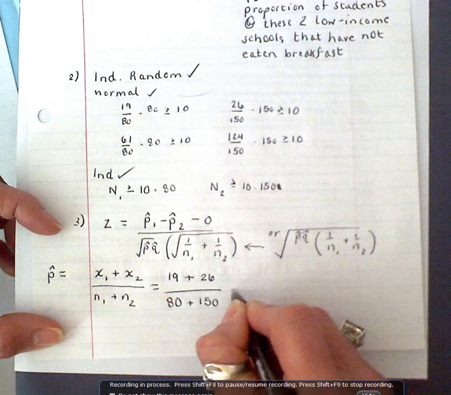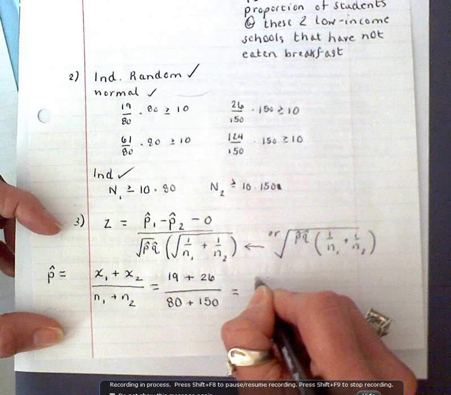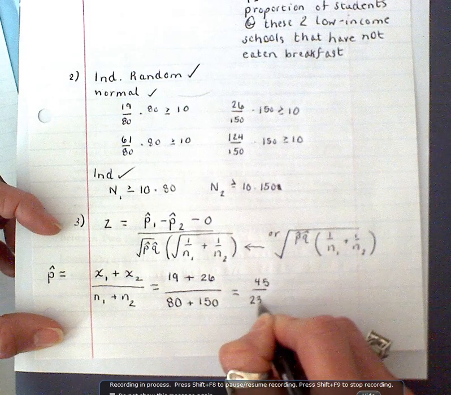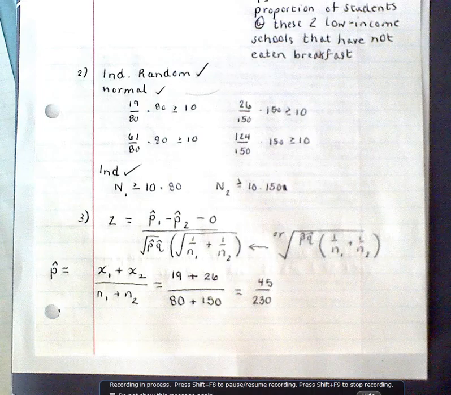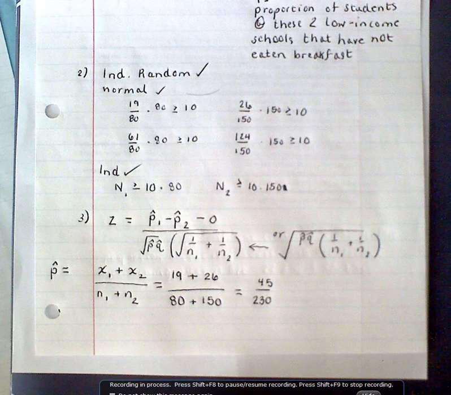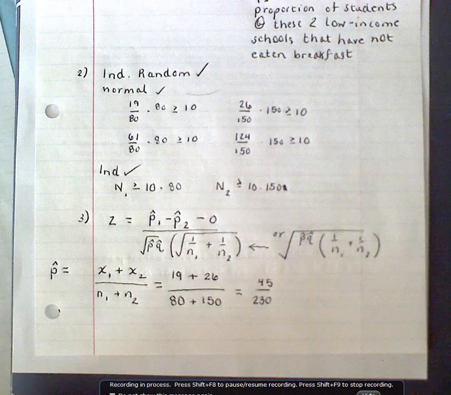So our pooled p-hat here is going to be 45 out of 230. And just to make it easier, when I get to the do, that is equal to about 0.196.